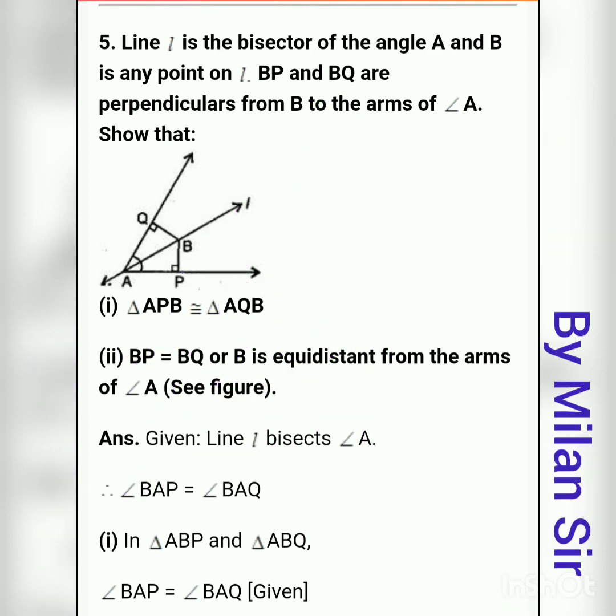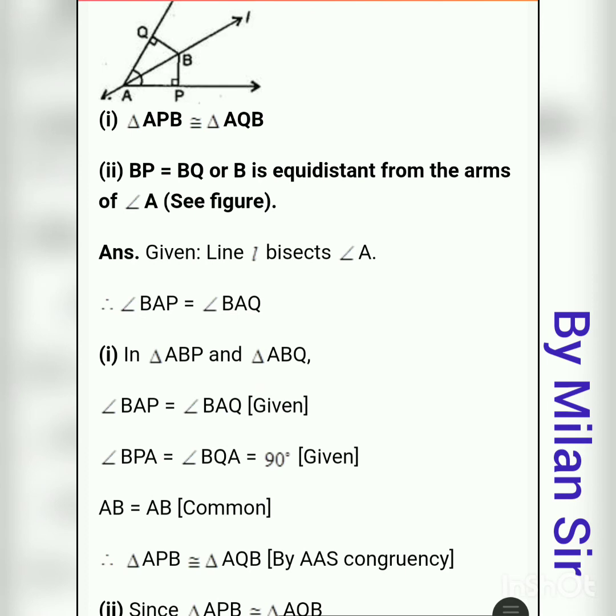So now these things we need to write here. In triangle ABP and in triangle ABQ, first of all line L bisects angle A, that means these two parts are same. Angle BAP, that means this downward angle, and angle BAQ, it is the upward angle. Both these angles are same, right?